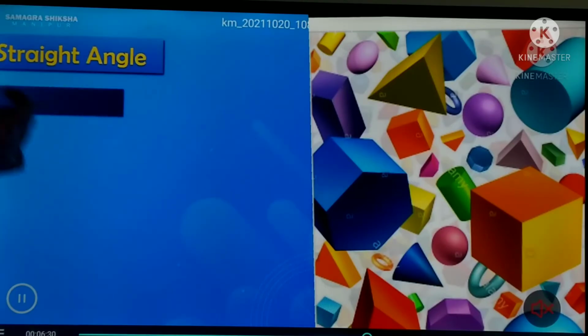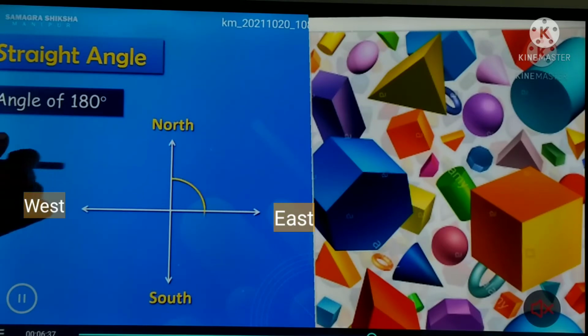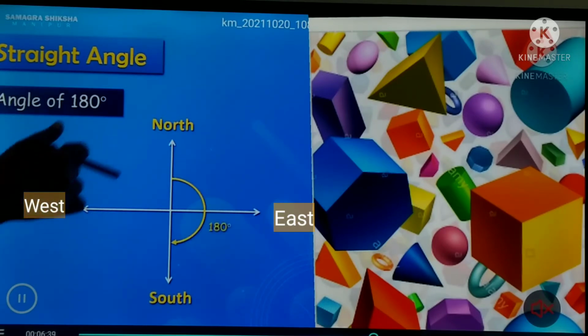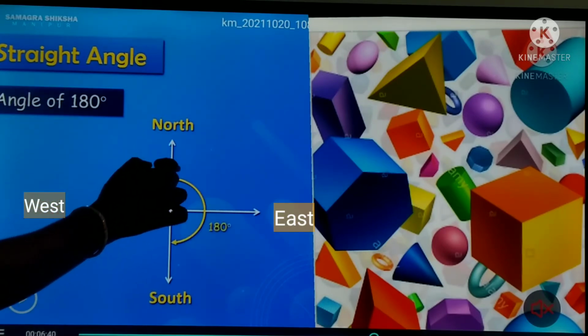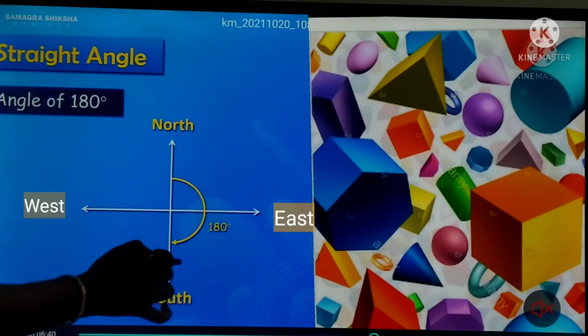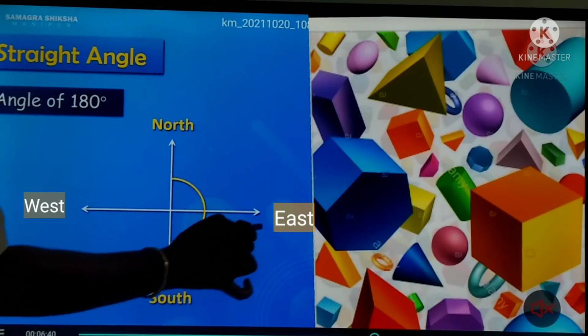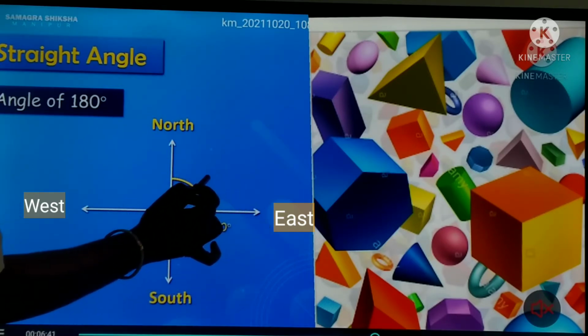The next one, it is straight angle. Angle of 180 degree. So 180 degree, here the 4 directions are east, west, north, south. If you turn north to south, from north to east it is 90.